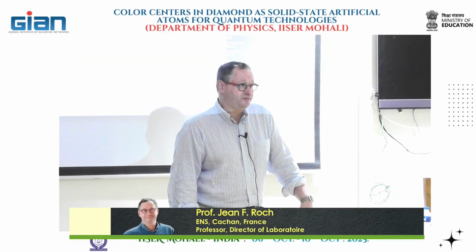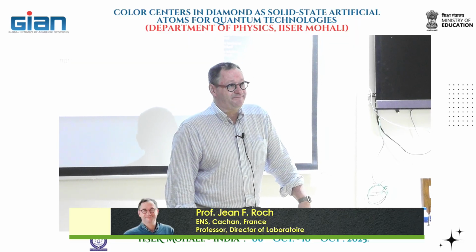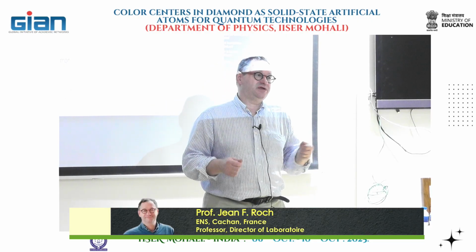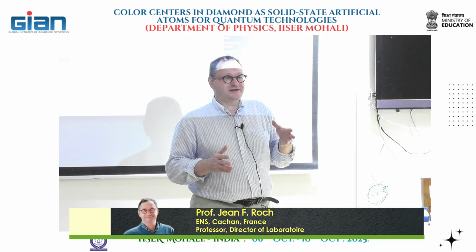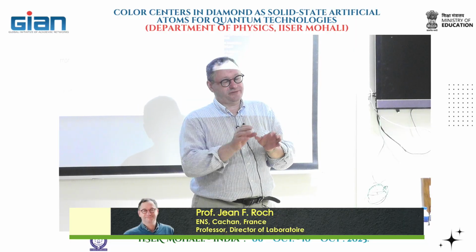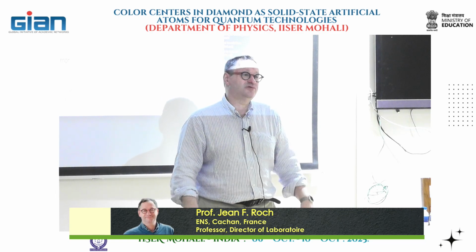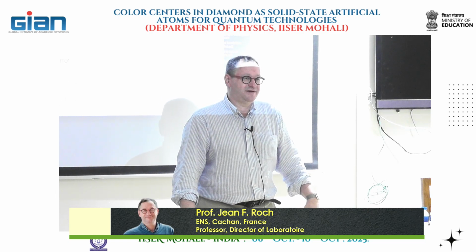And the accuracy of the beam, you can go down to 10 nanometers. So 10 nanometers would be a little bit too far from getting dipolar coupling within the T2 star.